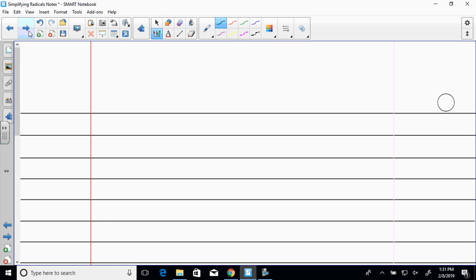Let's try a third example. We have the square root of 72. All right, the square root of 72, so we're looking for the biggest perfect square.